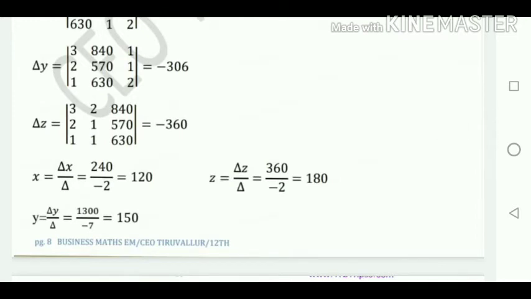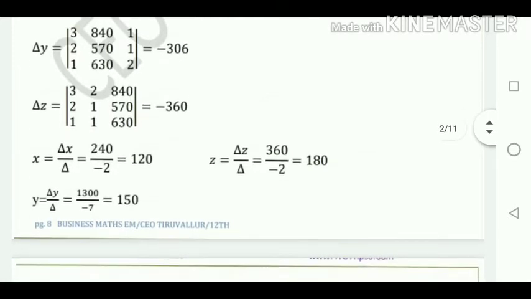So 300 divided by minus... Some printing mistake is here. It is written as 1300. You write it as 300. Here also delta y equal to 300, not 306. So 300 divided by minus 2, not minus 7. So 300 divided by minus 2, you are getting 150. Here z equal to minus 360 divided by minus 2, we are getting 180.